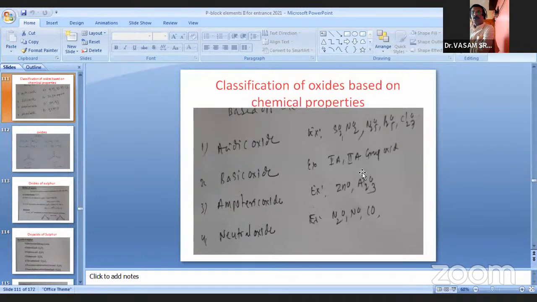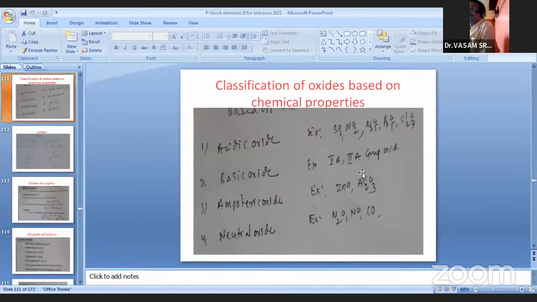Now come to the third one, amphoteric oxide. These oxides exhibit acidic nature as well as basic nature. Best examples: ZnO and Al2O3, zinc oxide and aluminum oxide. If you take zinc oxide and react it with HCl, it gives zinc chloride. In this reaction, the zinc oxide role is basic, because ZnO reacts with HCl, an acid, to give a salt, ZnCl2.